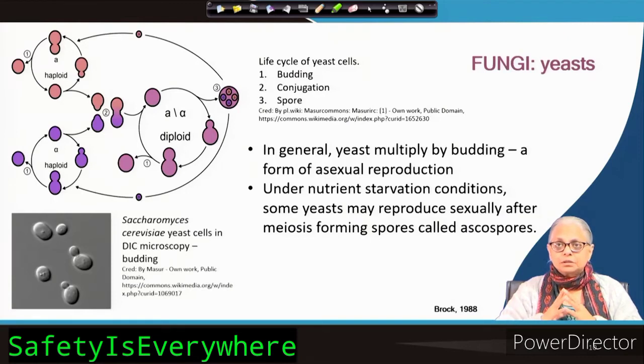What about yeast? Yeast, like I said, are used for making alcohol. They are used in baking bread and cake and all of that. So there are two methods that yeasts are capable of using for their reproduction. The most common one is budding. Budding is asexual reproduction. It's not like binary fission, where the parent cell ceases to exist and two daughter cells are formed.